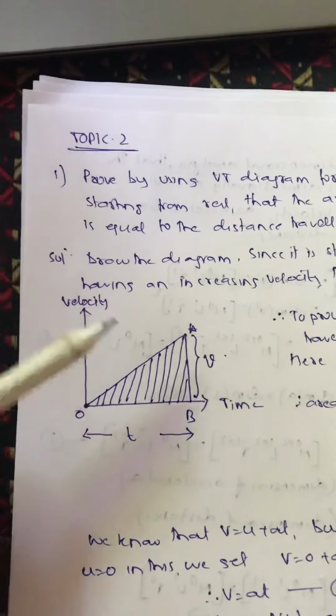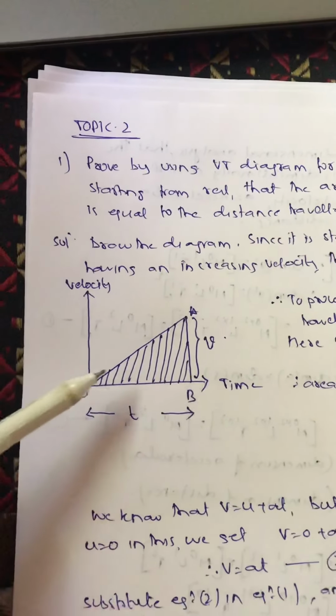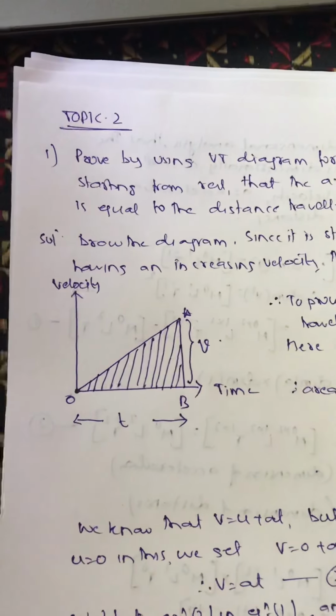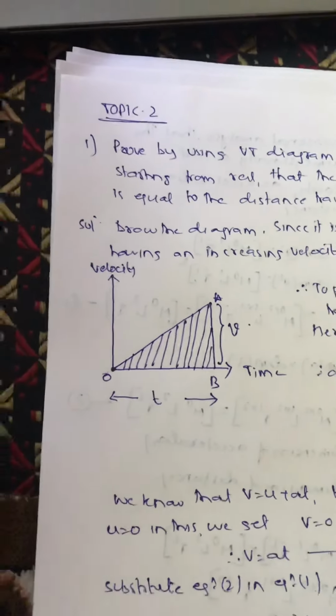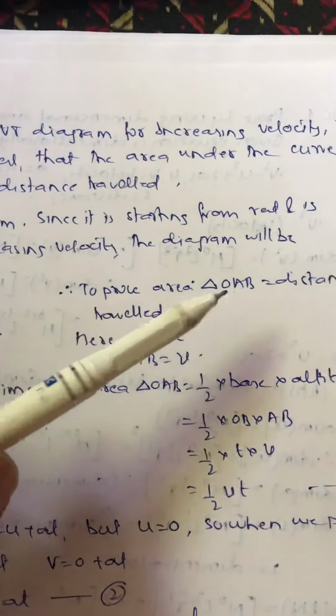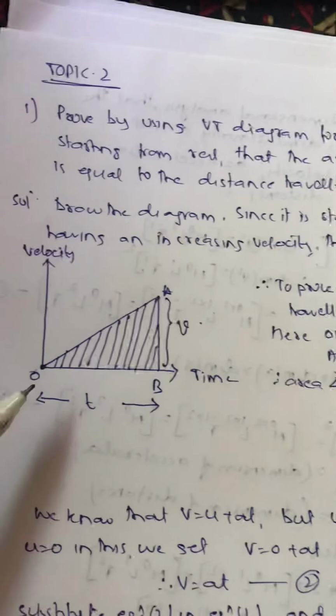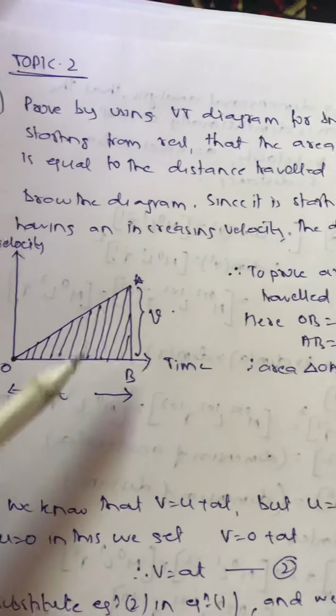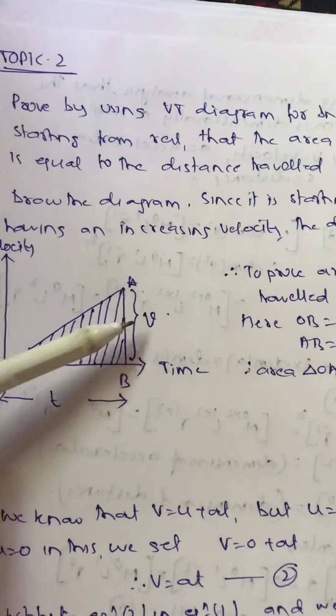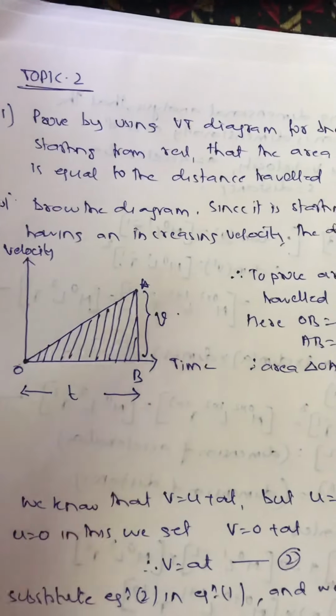What you have to prove is that this shaded area is distance traveled. Okay, so let's take it up easily now. How do we start it? Use area of triangle, altitude or height.